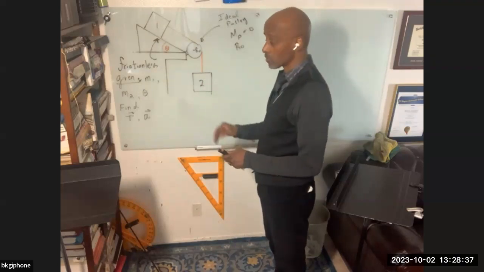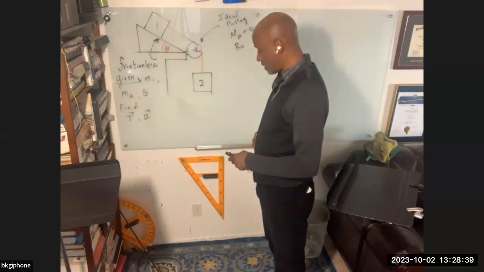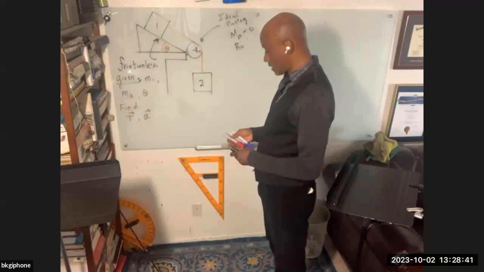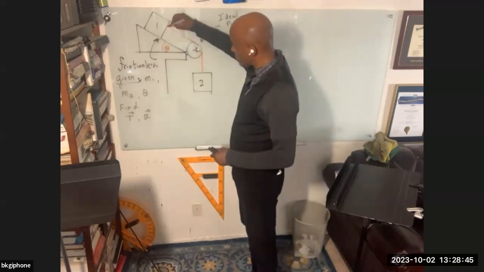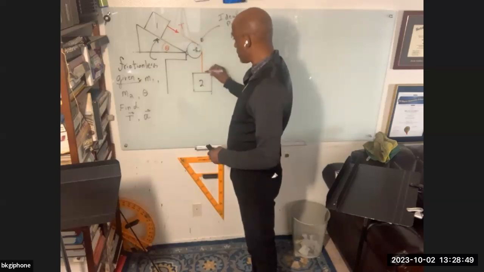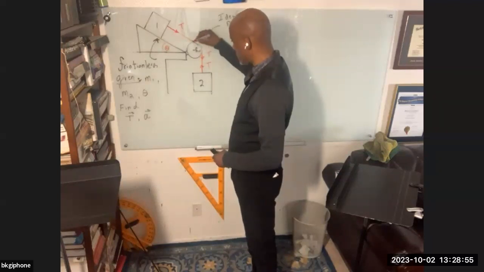It doesn't change the force. So because of that, the tensions everywhere are the same. So we've got a tension force here, which I just call T, and a tension force here, which is the same T, which means that this is T here down, and this is T here.